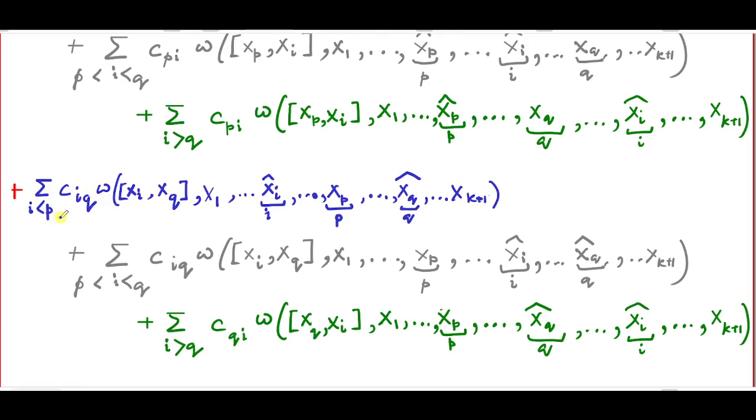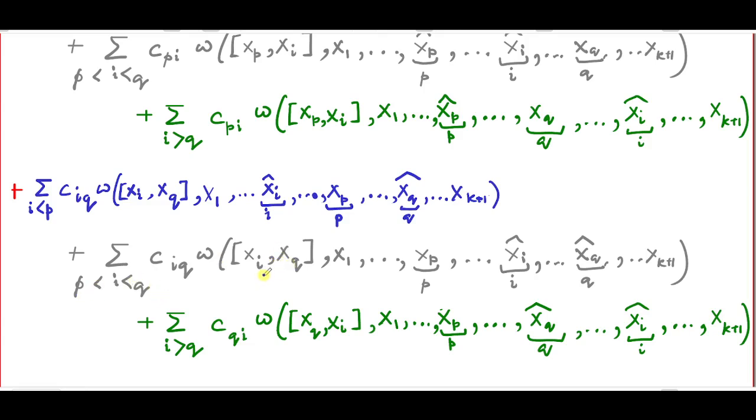Here I is less than p, of course that means it's less than q as well, and the Lie bracket is xi, xq, and here xi is missing from this earlier ith slot, and that's to the left of xp, and of course that's to the left of the q slot where xq used to be but is missing from there. Then you have the second sum of this kind where I lies between p and q.